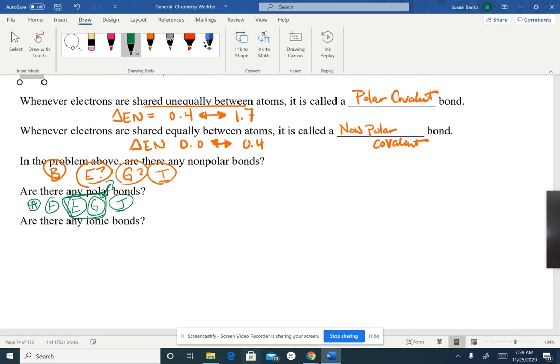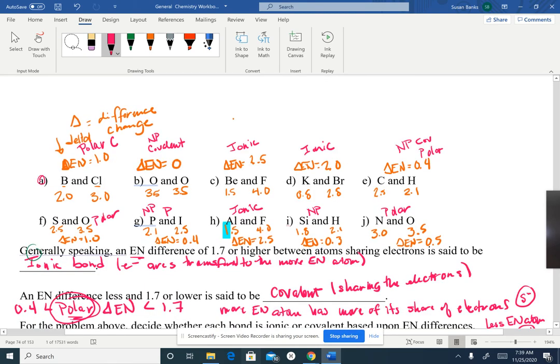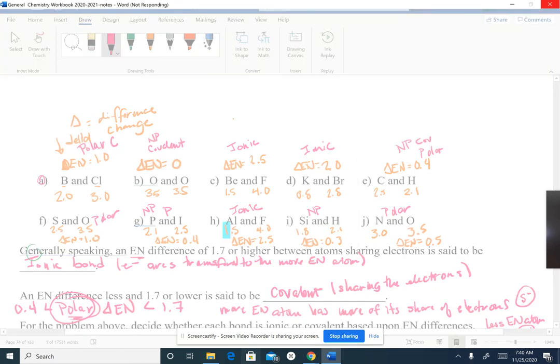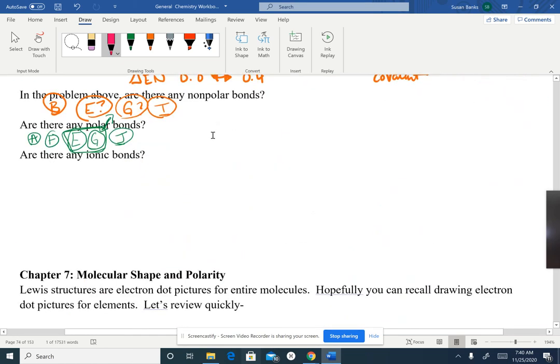Okay? Let's look and see if we can find the ones that are ionic. Okay, ionic. Let's see. A's polar, B's covalent, C and D are ionic. So let's put C and D down there. So C and D are ionic.